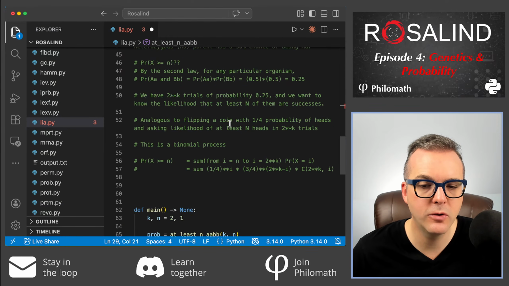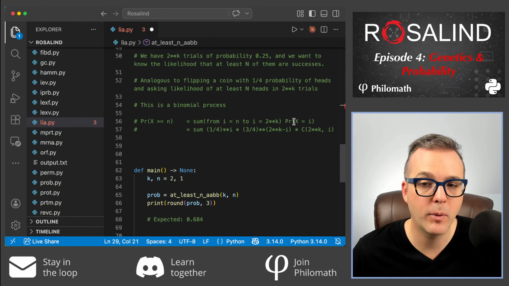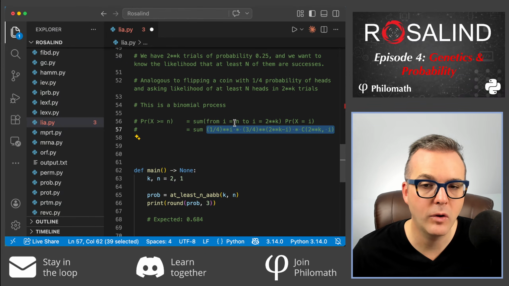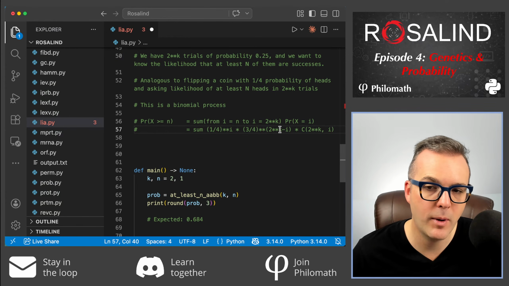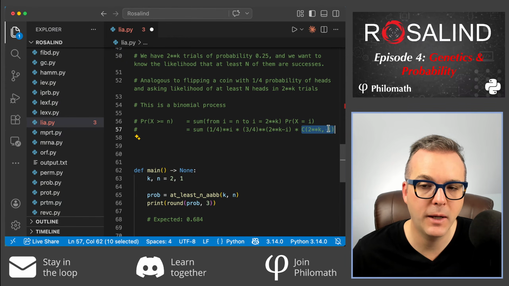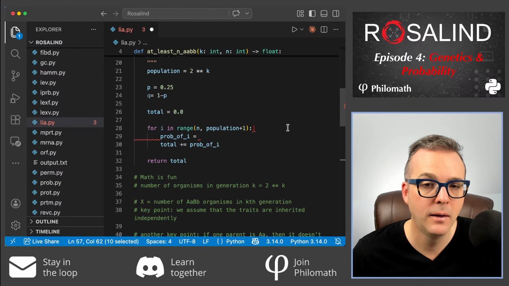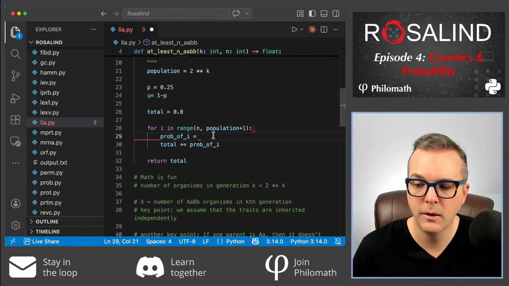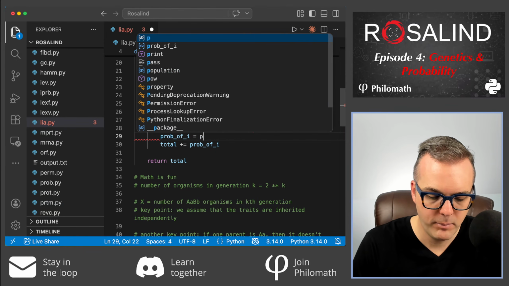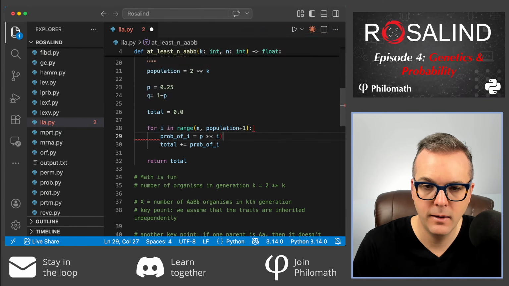So here is where I get to use the formula that I had, which says that the probability that x is exactly equal to i is this thing. It's p raised to the power of i times 1 minus p, or q, raised to the power of the number of possibilities here, which is the population, minus i, times this combination statistic. So I just have to plug them in, and I've already set population equal to 2 to the k, so that makes things a lot easier to write. I'll just say p raised to the i is our first term.